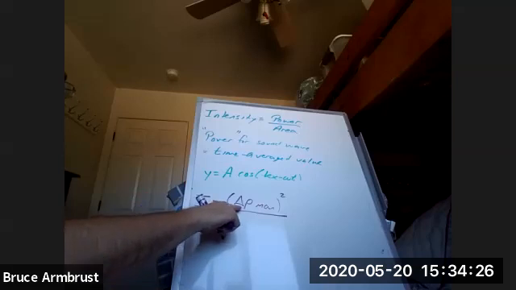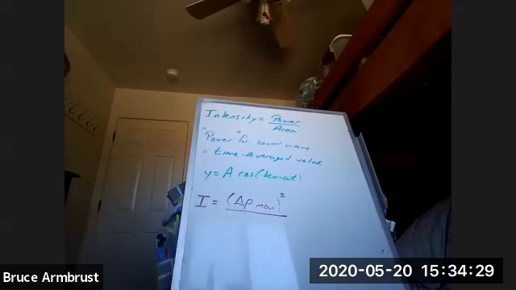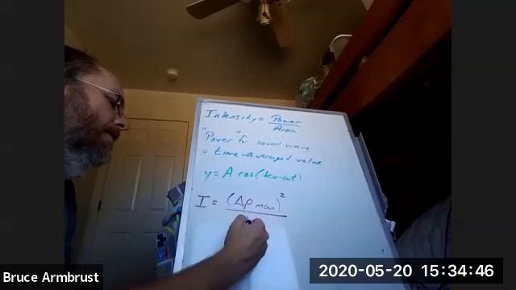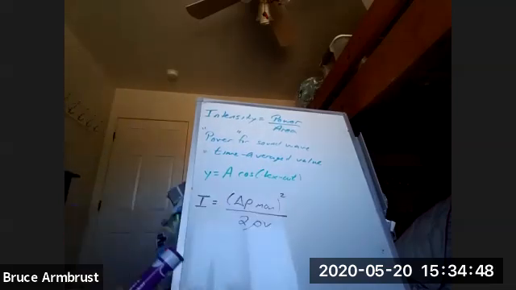So if you remember the delta P max, what we found for sound waves, was that delta P was actually the amplitude of our wave. So it's that amplitude squared over 2 rho times V.